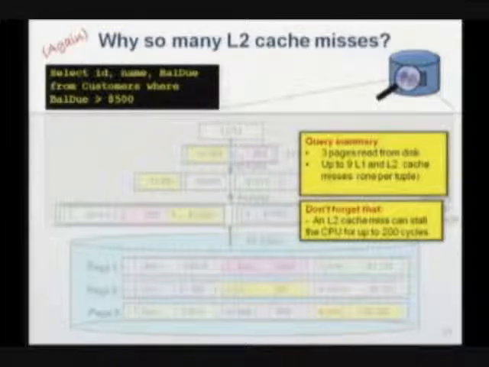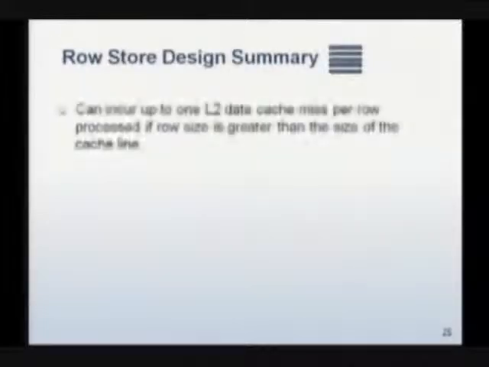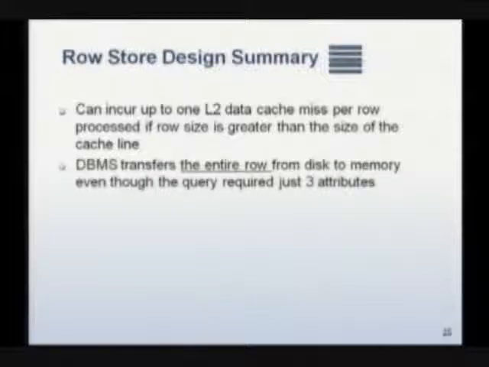Remember, the query was ID, name, balance due. Maybe 20 or 30 bytes out of the 200 bytes. But because we laid things out as rows on those database pages, we have no choice but, when we transfer the page, to transfer all the attributes of all the rows on every data page.